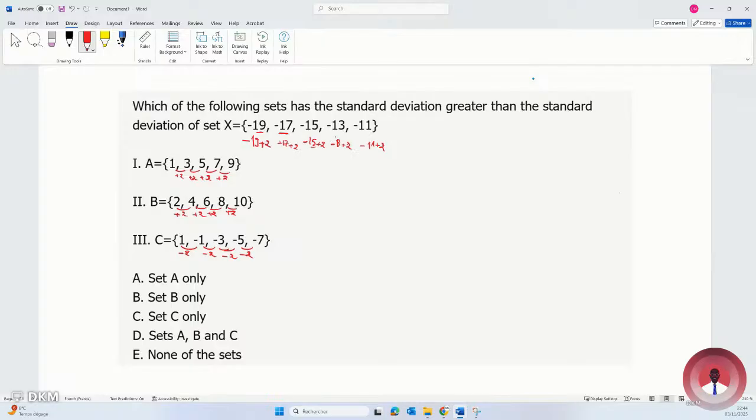So the answer to the question will be answer E, because the question is, which of the following sets has the standard deviation greater than the standard deviation of set X? Since they have the same pattern, that means that none of these will be greater than the standard deviation of set X. So the answer is answer E.